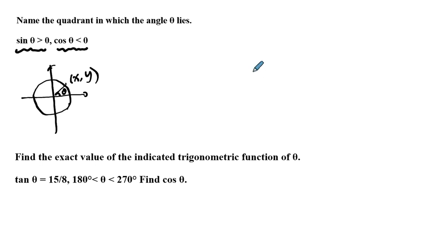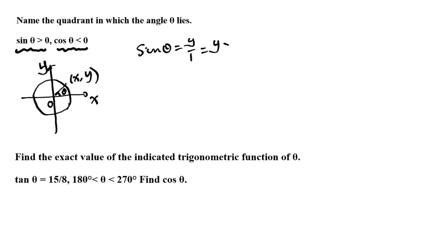And then sine theta is defined as y. Or you may say y over 1, but you do not have to write the 1 in the denominator. And here is x, here is 0, here is the y-axis.